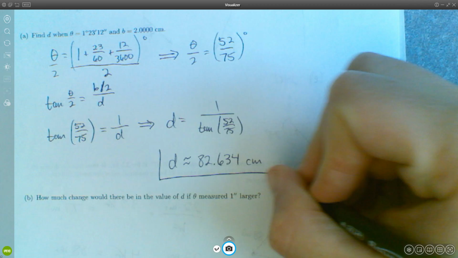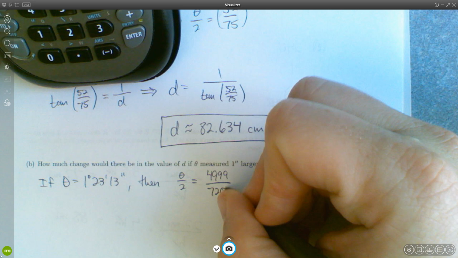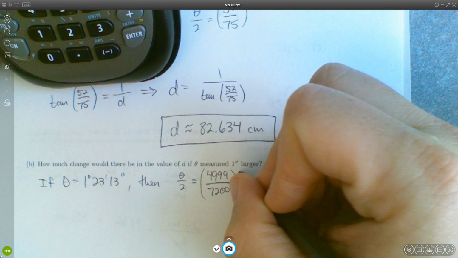That would be 1 plus 23 sixtieths plus 13 3600ths, all divided by 2, which is a pretty nasty number. Theta over 2 would be 4,993 out of 7,200 degrees.